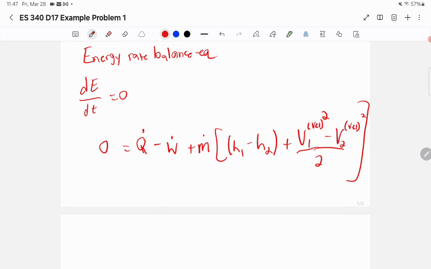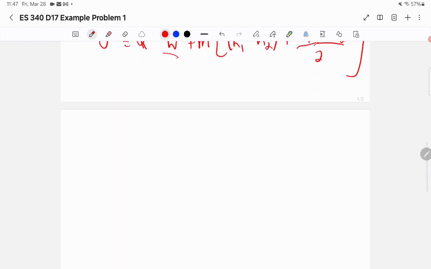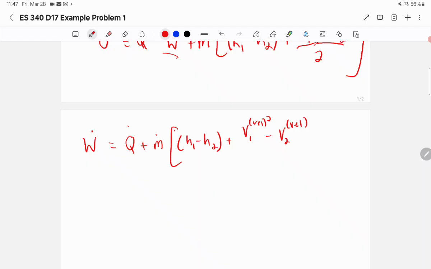Okay, so this is what we have, similar to any problem that we've dealt with before, and we're interested in the work developed, which is the W. So W dot is going to be equal to Q dot plus m dot times H1 minus H2 plus V1 squared minus V2 squared over 2.